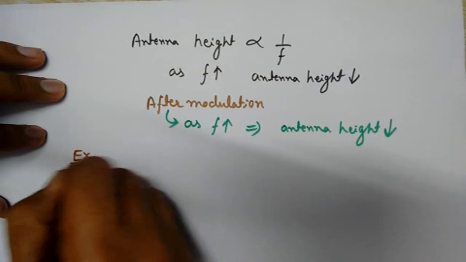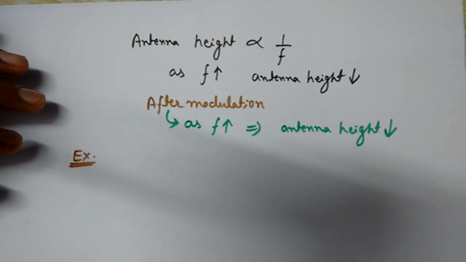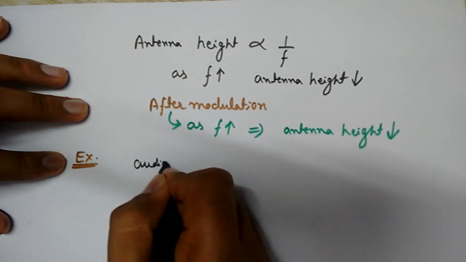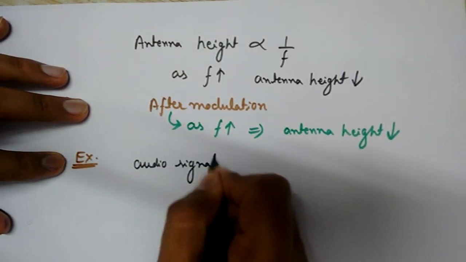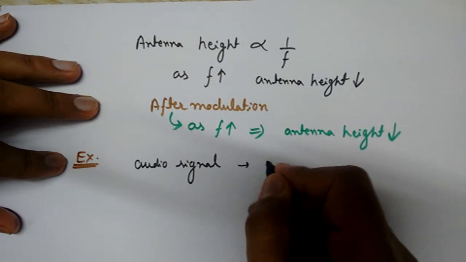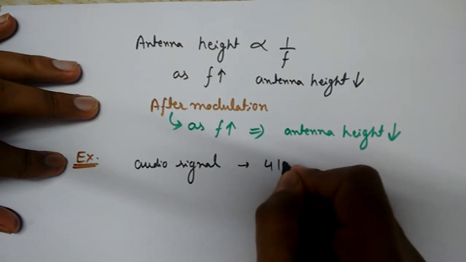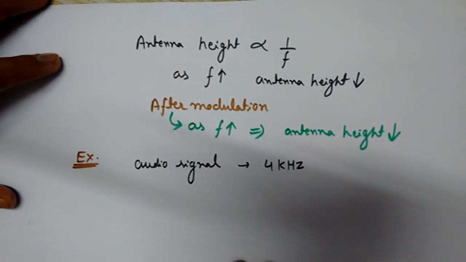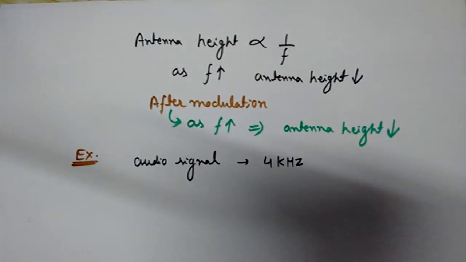In this example, I'm taking an audio signal which has a frequency of 4 kilohertz, 4000 hertz. This is the frequency of that audio signal. So I will use that formula to calculate the height of the antenna required for its transmission.